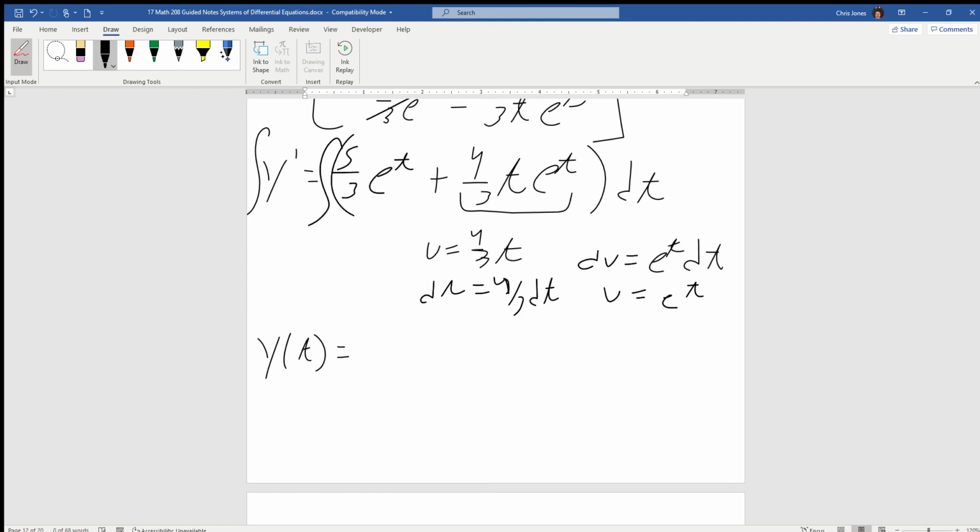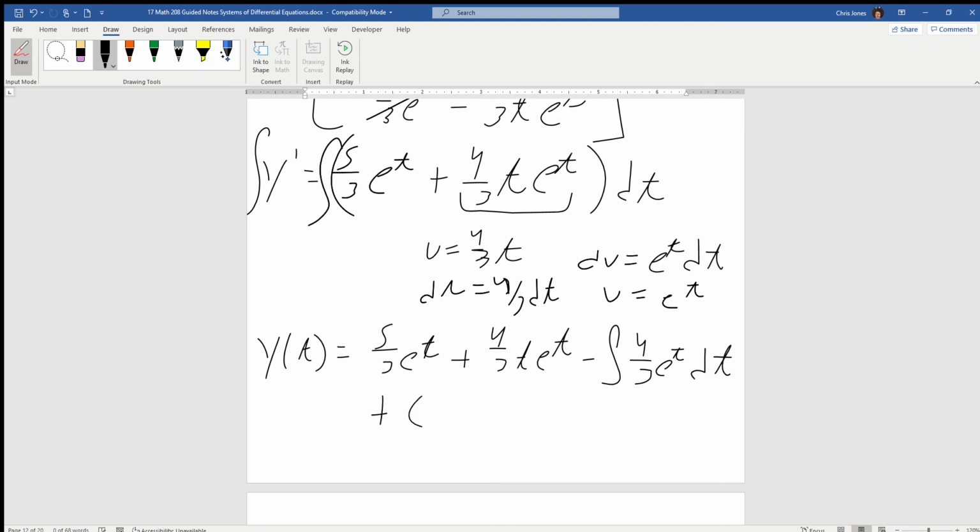So y at t is going to be 5/3 e to the t, plus uv, which is 4/3 t e to the t, minus the integral of v du, which is going to be the 4/3 e to the t dt.